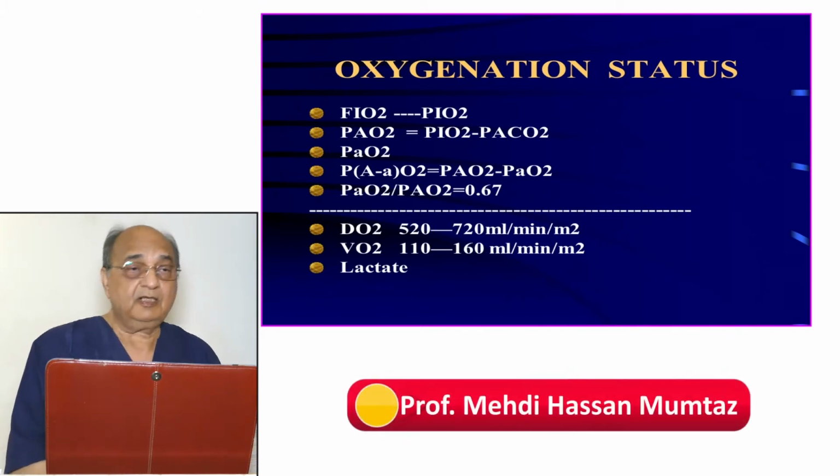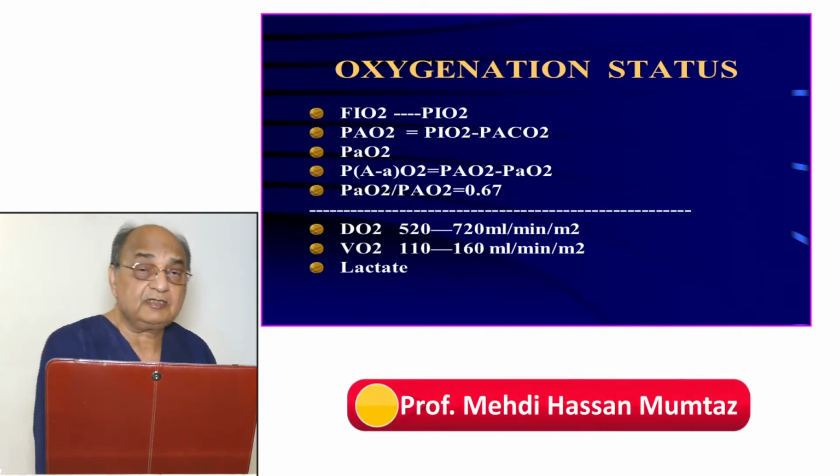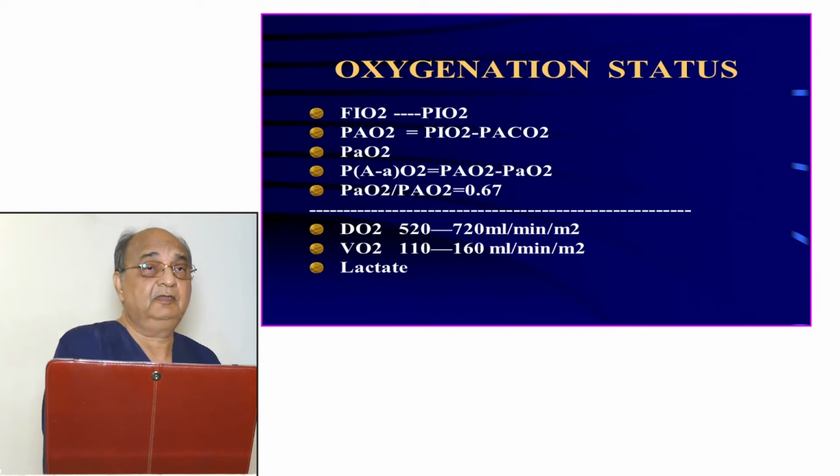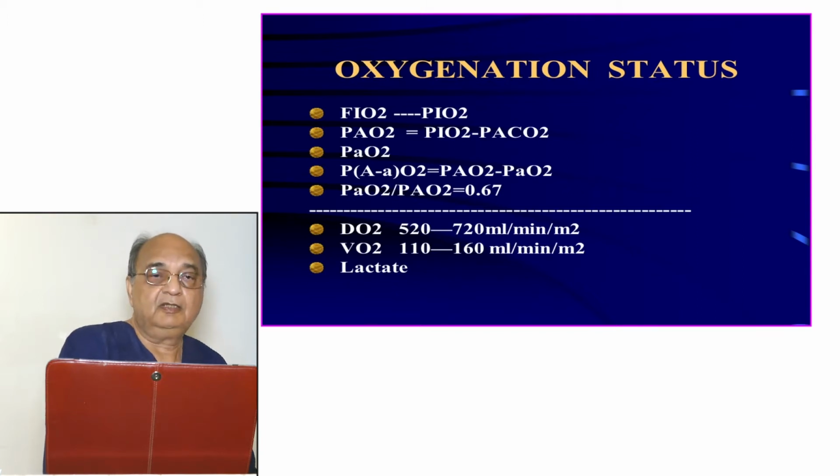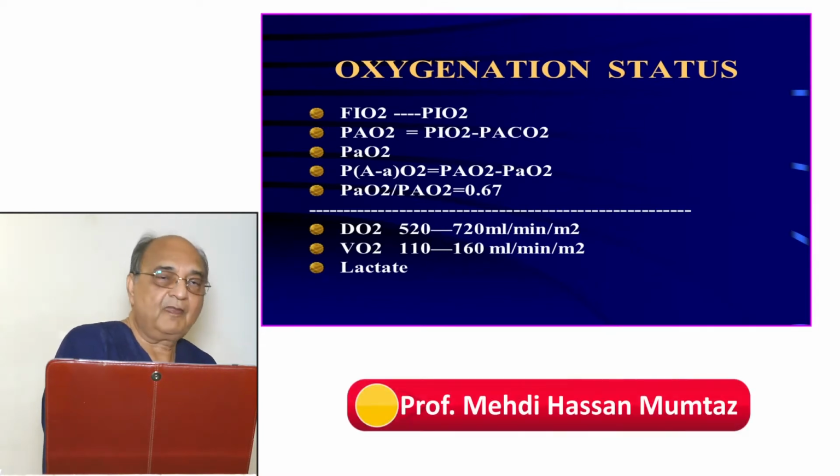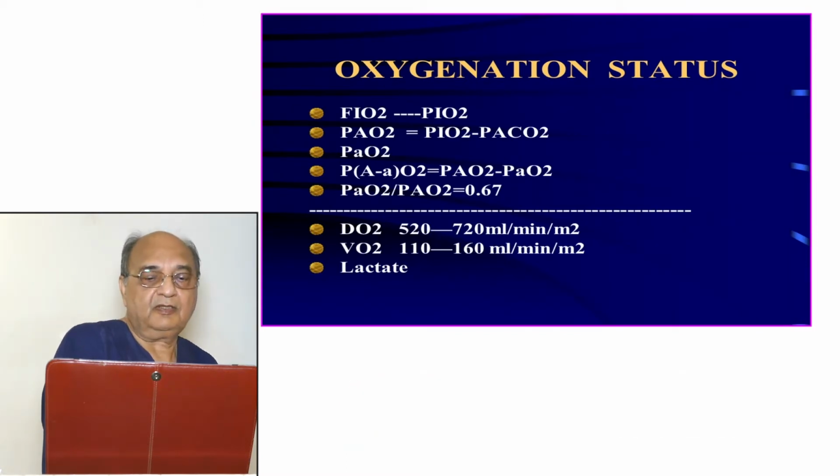Now, if somebody asks you, what is the oxygenation status of this patient? What is included in that? You have done the acid-base disturbance evaluation, and you know whether the patient is suffering from metabolic acidosis, compensated or uncompensated, or a respiratory problem, compensated or uncompensated, or alkalosis.